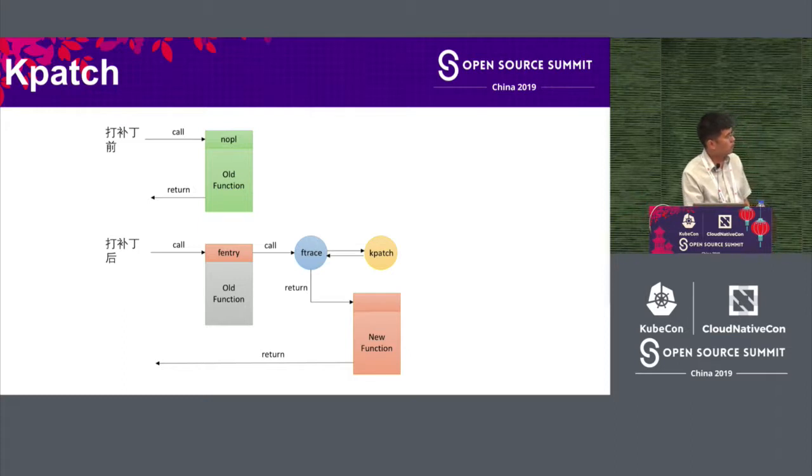We need to save all the relevant information, and we need a registered handler to replace the location, the address, and return it to the new function. So this is how the patch functions after the patching process.